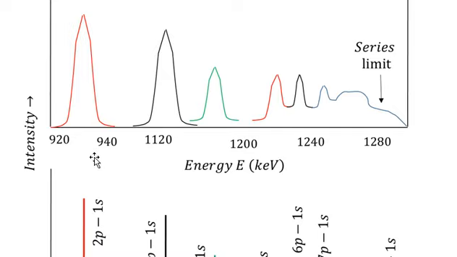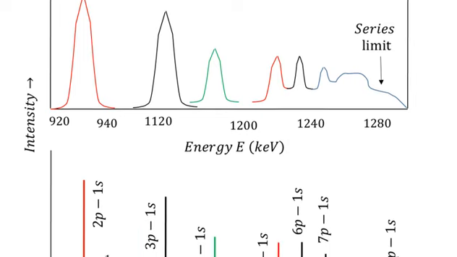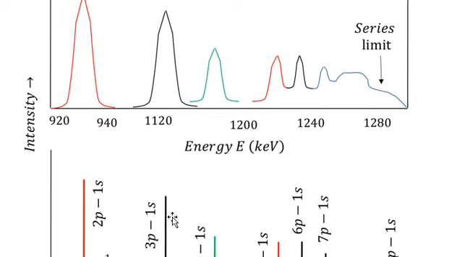The wavelength in terms of energy is also given; that is, this curve will emit in the range of 920 to 440 kilo electron volt. Similarly, corresponding to the transition from 3p to 1s, you will obtain this curve.